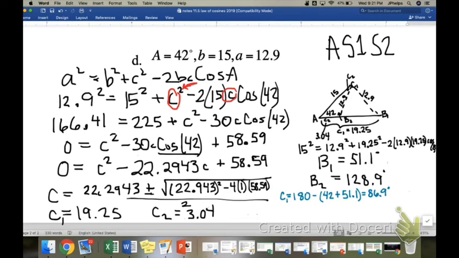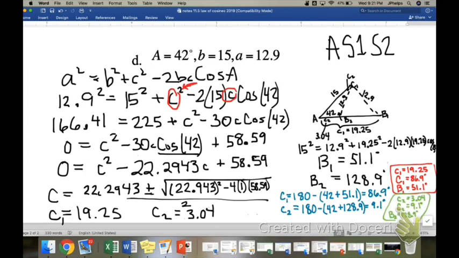C1 is 86.9 degrees, and C2 comes out to 9.1 degrees. So for our final answer, we've got our first triangle, which has C1, angle C1, and angle B1, and then for our second triangle, C2, angle C2, and angle B2. This wraps up part 4 of section 11.4.